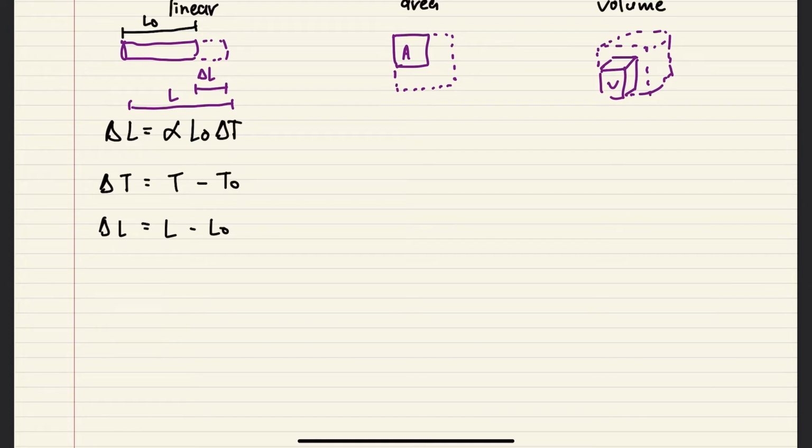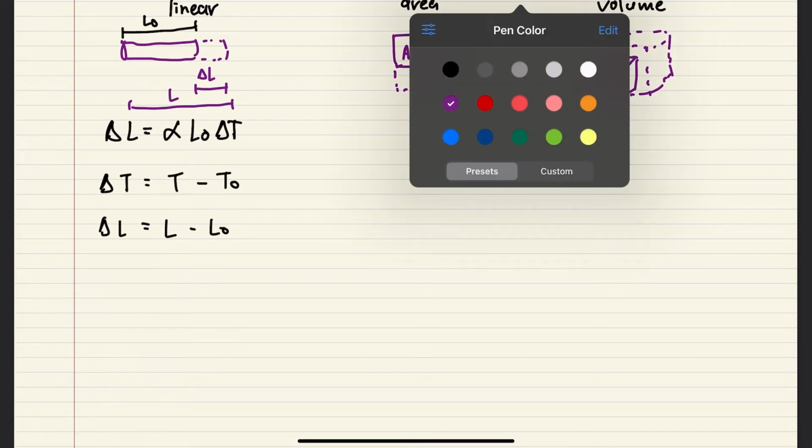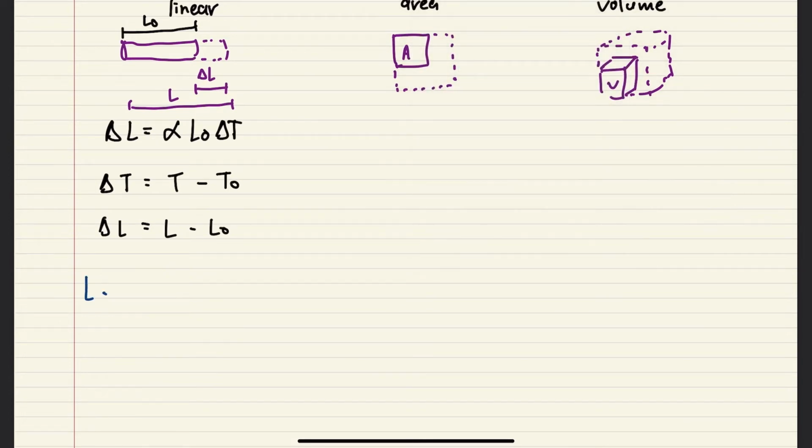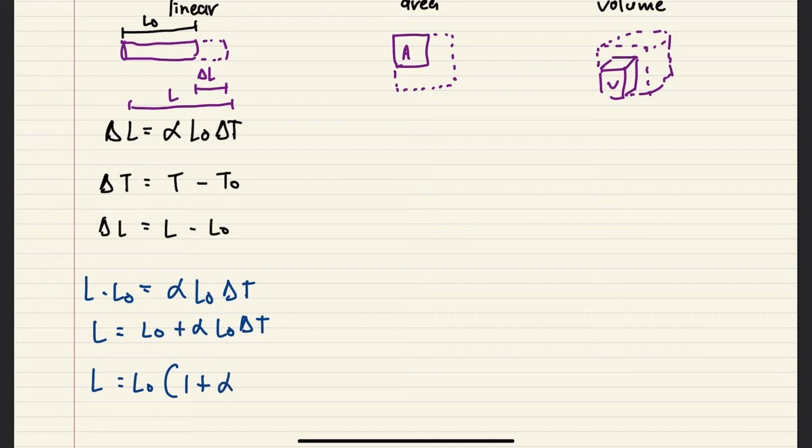So L minus L0 equals L0 alpha delta T. I can bring L0 to the other side, and then I have two terms of L0. So L equals L0 plus L0 alpha delta T. So I can factorize the L0, and this becomes L0 times (1 plus alpha delta T).